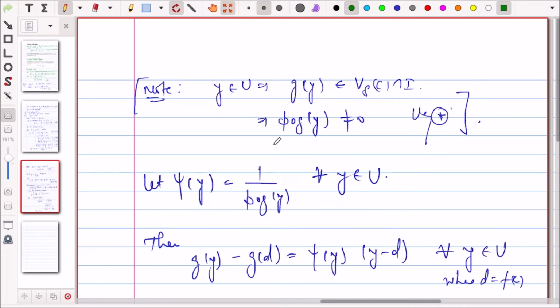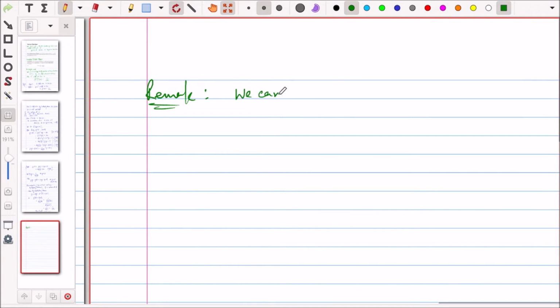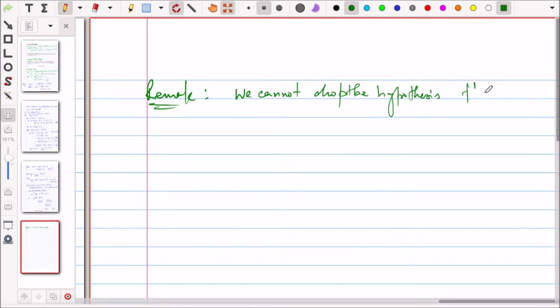So what if we drop f dash c non-zero? Because in the proof we have used f dash c non-zero. So what happens if we drop f dash c not equal to 0? Remark: we cannot drop the hypothesis f dash c not equal to 0.